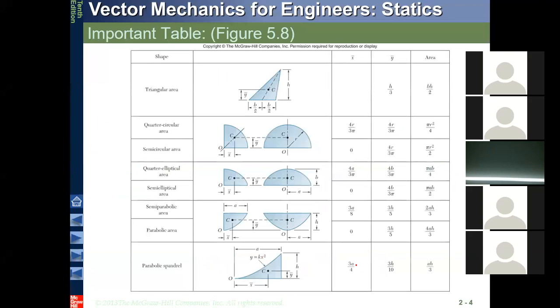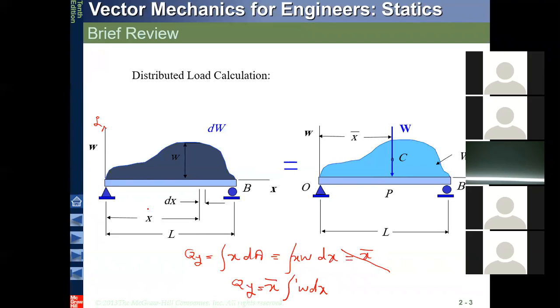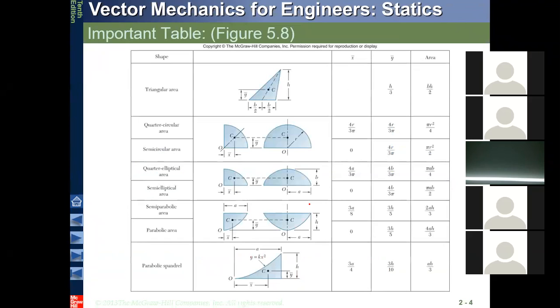So this is the general formula, and then you can refer to a table. This is figure 580 of your book.